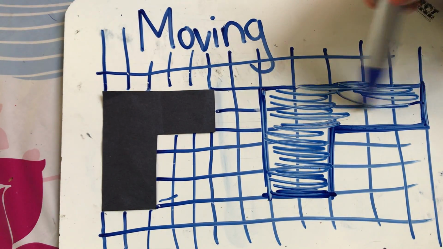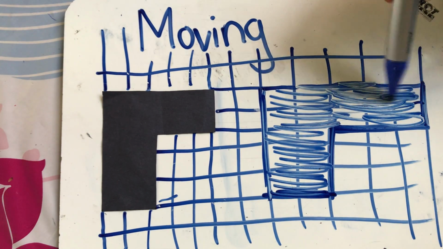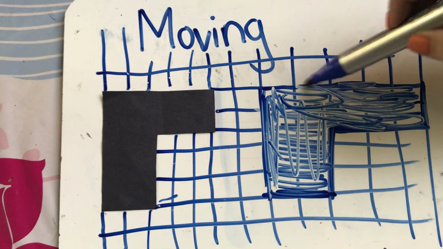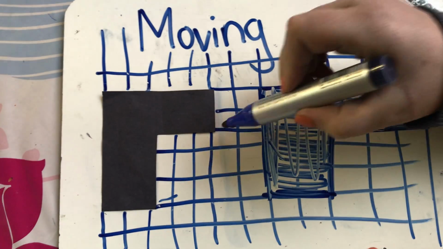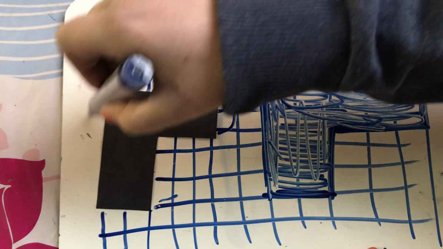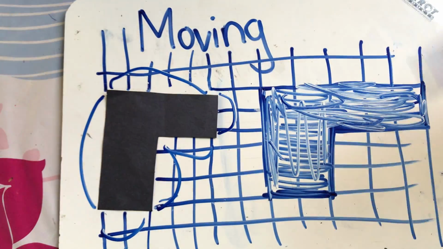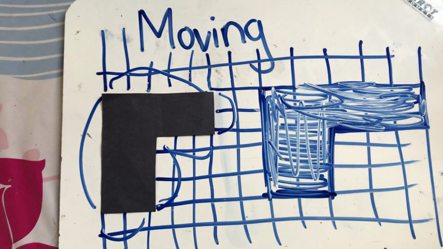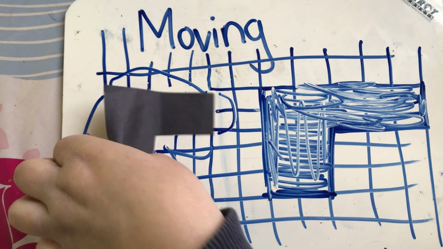Now I have moved my shape as many blocks as the teacher asked, and it is still exactly the same size. So you have to go count how many here, how many here, depending on the shape, and you need to be able to reproduce it at a different spot. Okay, so that is moving.